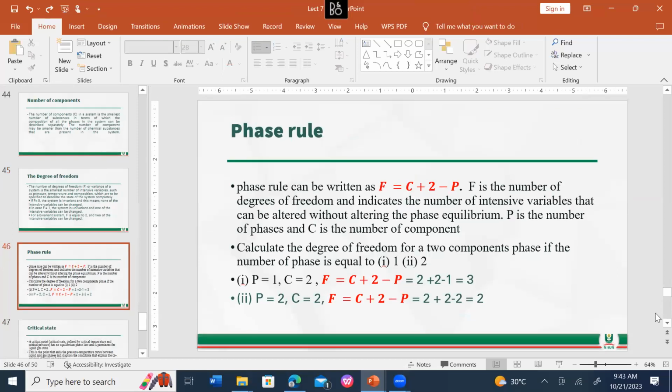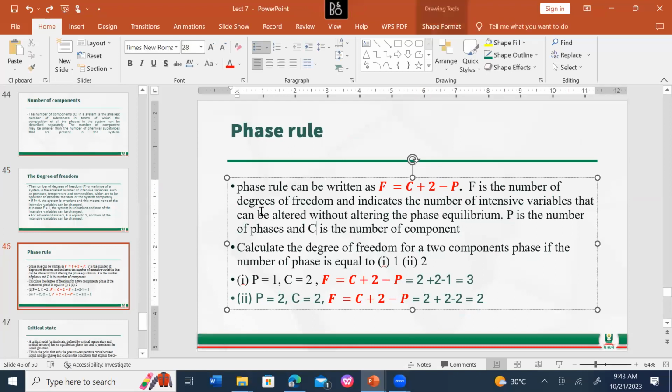Now, phase rule. The phase rule simply states that the degree of freedom is equal to the number of components plus 2 minus the number of phases. F is the number of degrees of freedom and indicates the number of intensive variables that can be altered without altering the phase equilibrium. Take note of that.